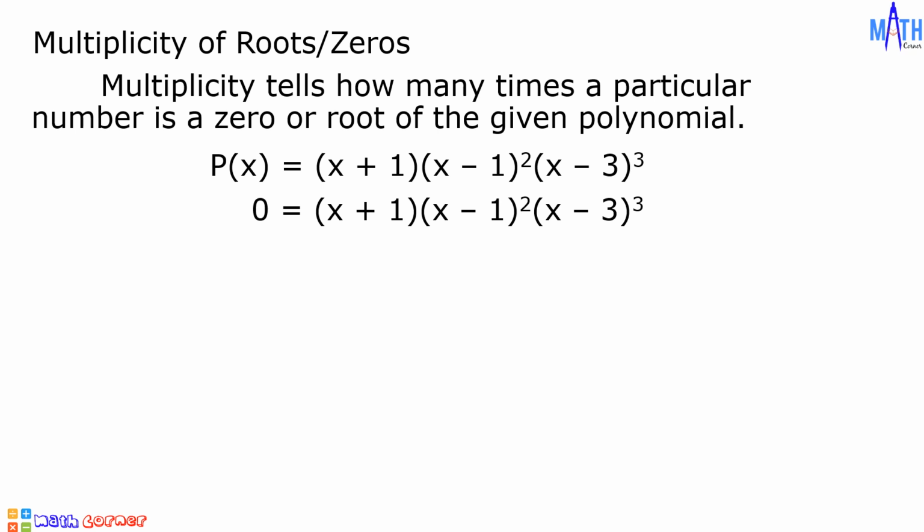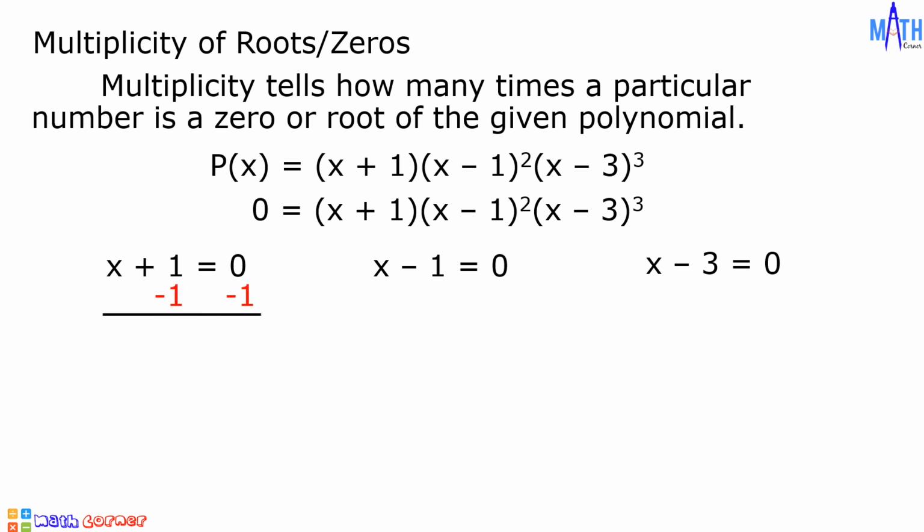By zero factor property or zero product property, x plus 1 equals 0, x minus 1 equals 0, and x minus 3 equals 0. In x plus 1 equals 0, we will add negative 1 on both sides of the equation.